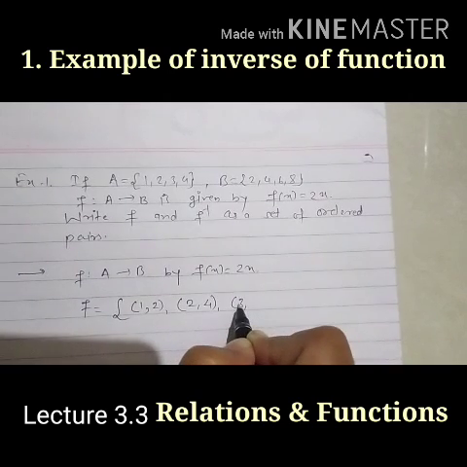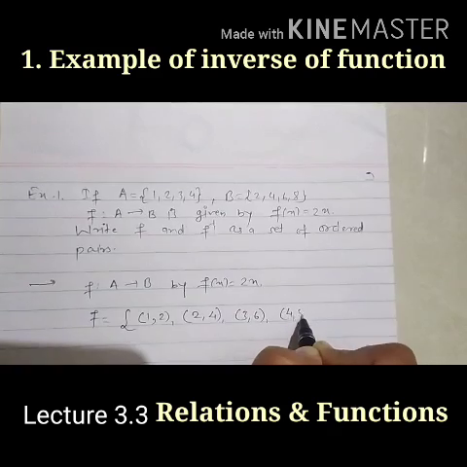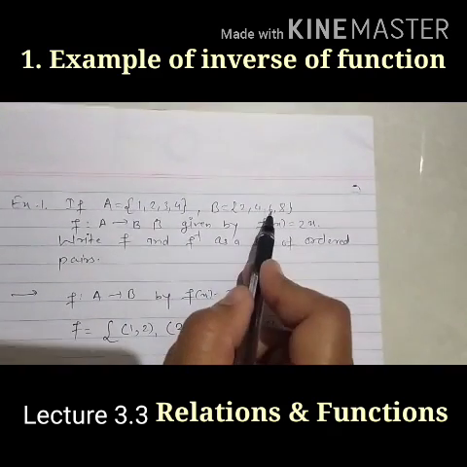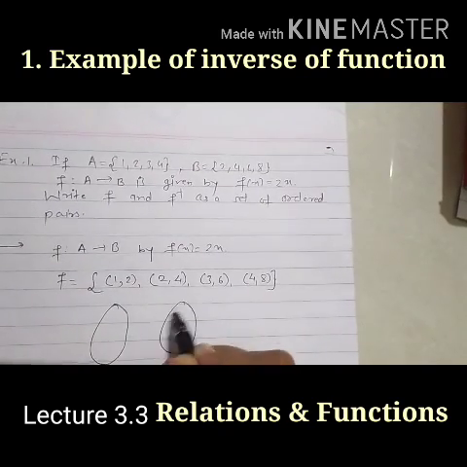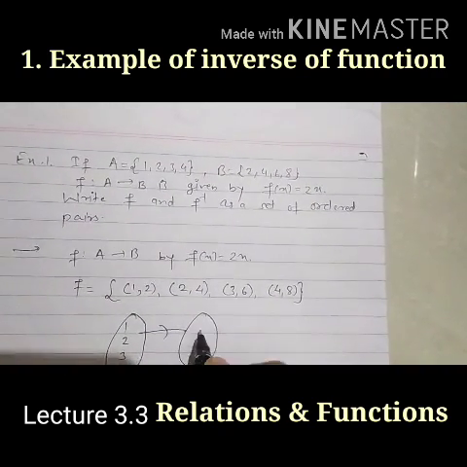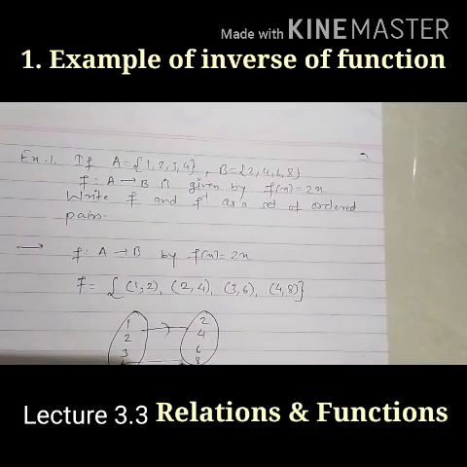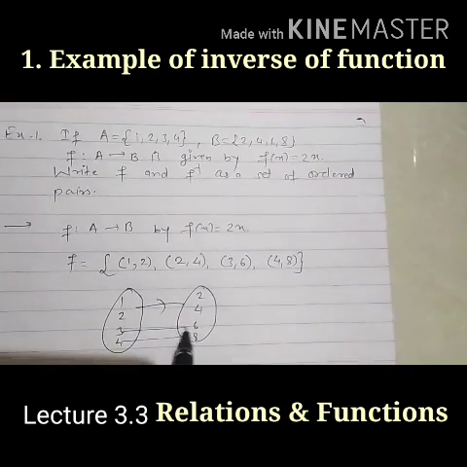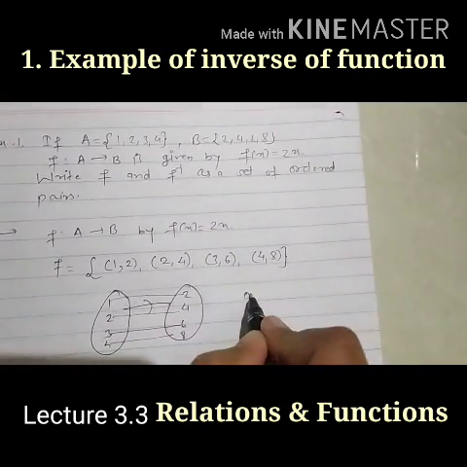Third element 3 into 2 will be 6, and the fourth one 4 into 2 will be 8. All elements are there. So if we draw the Venn diagram, it will be 1, 2, 3, 4, and this is 2, 4, 6, 8. 4 to 8, 3 to 6, 2 to 4 and 1 to 2. Clearly it is a 1-1 function.